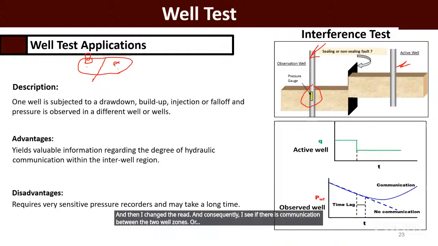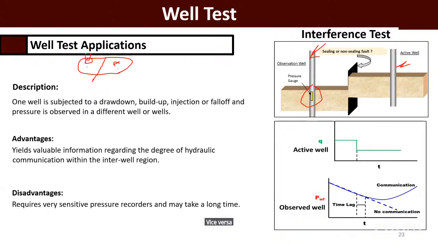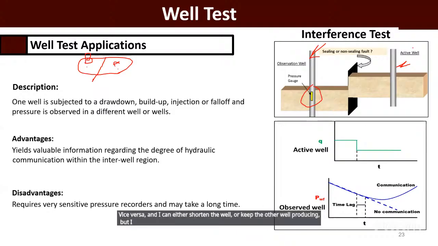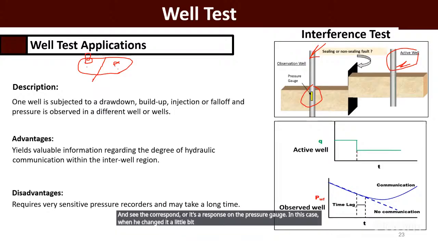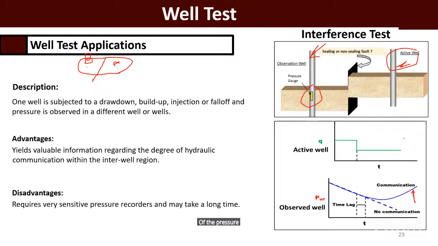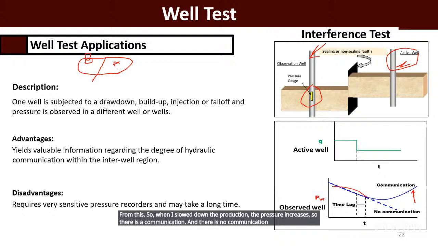Or vice versa: I can either shut in the well or keep the other well producing, but I change the rate only in the active well and see the response on the pressure gauge. In this case, when I changed the rate a little bit, we have an increase of the pressure, indicating that this active well was drawing from this. So when I slow down the production, the pressure increases here, so there is a communication. If there is no communication, it will continue like this.